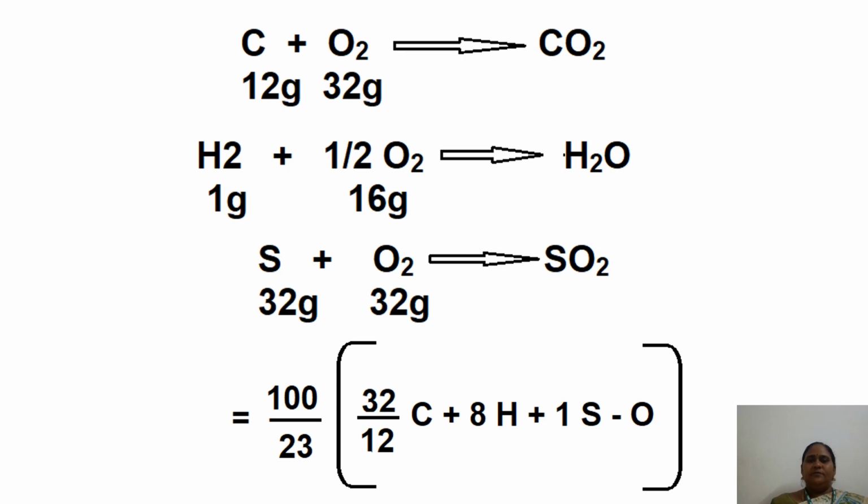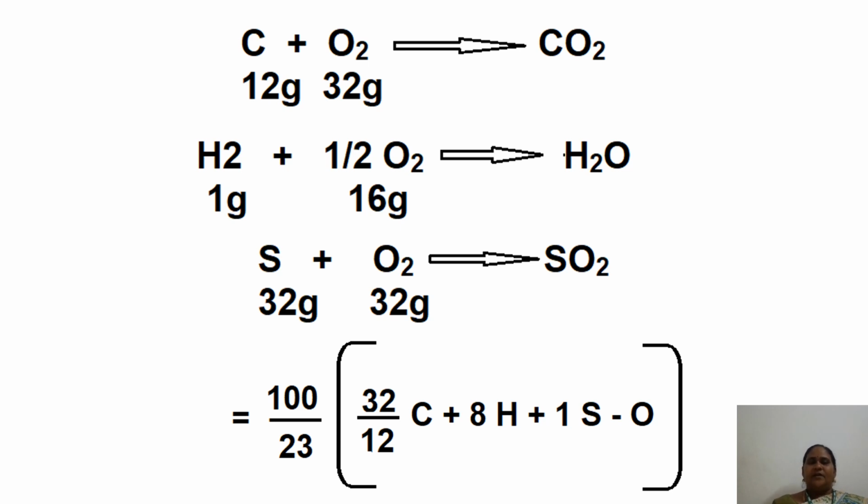Hydrogen with oxygen forms water. Balance the equation. The weight of hydrogen is 1 gram. Oxygen is 16 grams. So 1 weight of hydrogen requires 16 grams of oxygen by weight. Sulfur with oxygen forms sulfur dioxide.